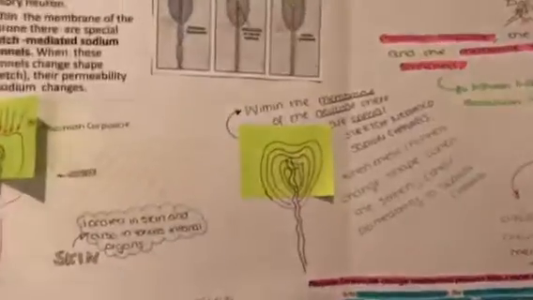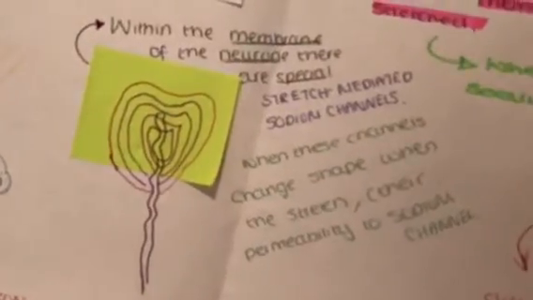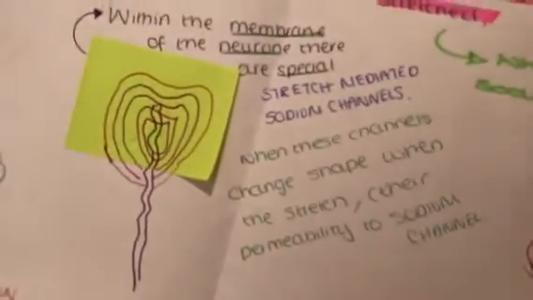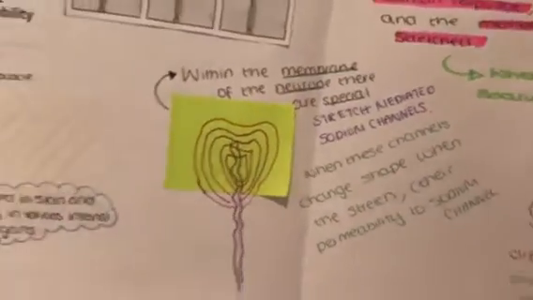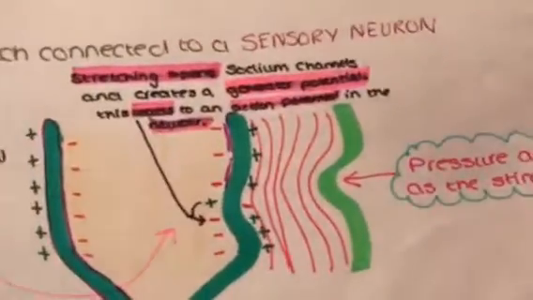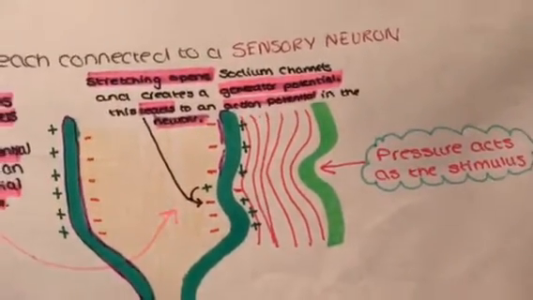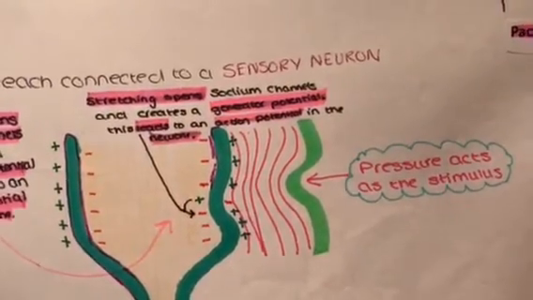What else can we know? So we know that within the membrane of the neuron, there are special stretch-mediated sodium channels. So when these channels change shape, when they stretch, their permeability to sodium also changes. So if we have a look at this in more detail, the stretching opens the sodium channels and creates a generator potential, and this leads to an action potential in the neuron.